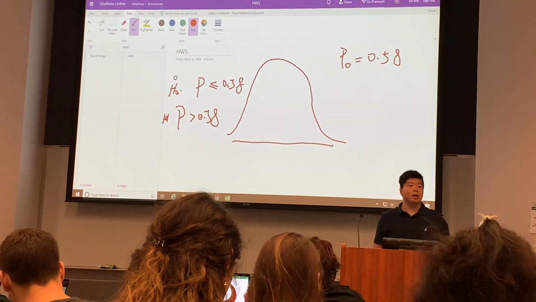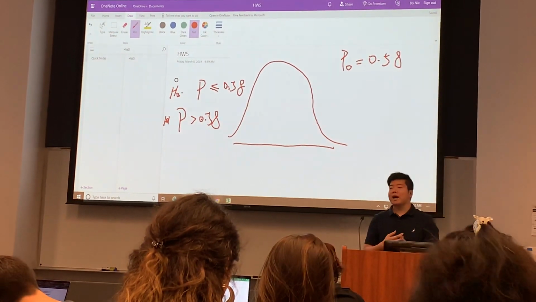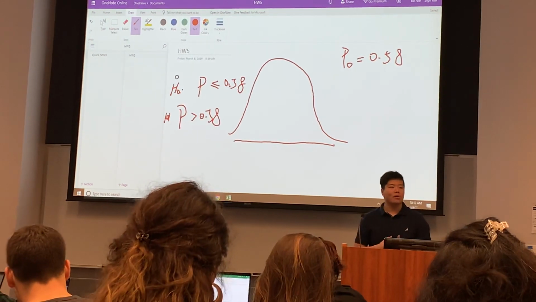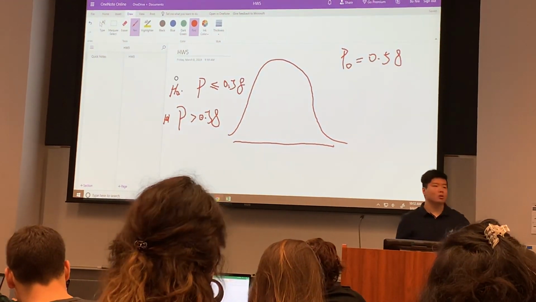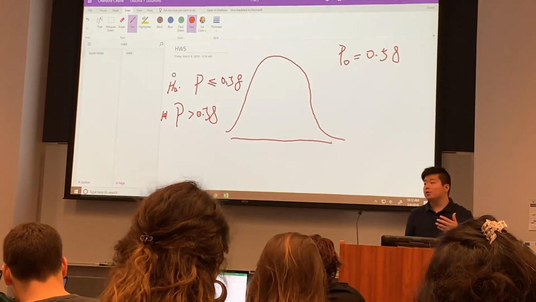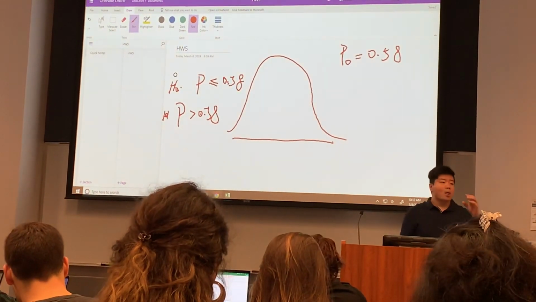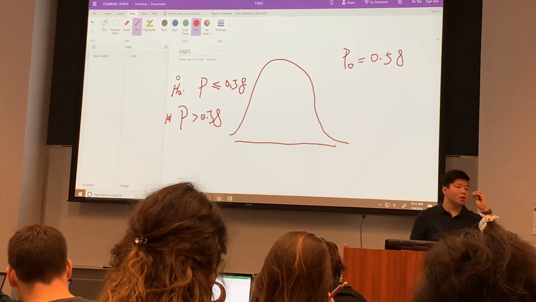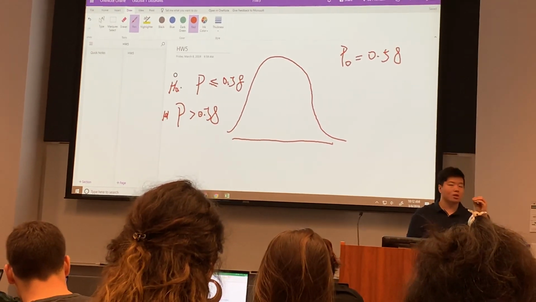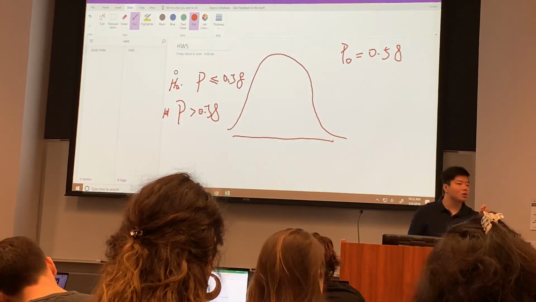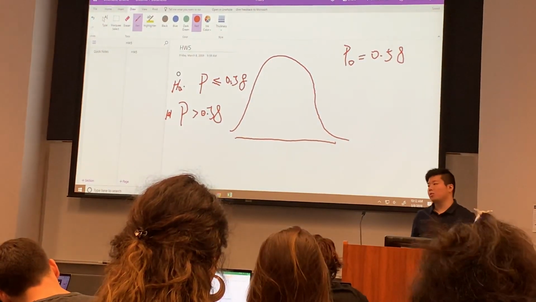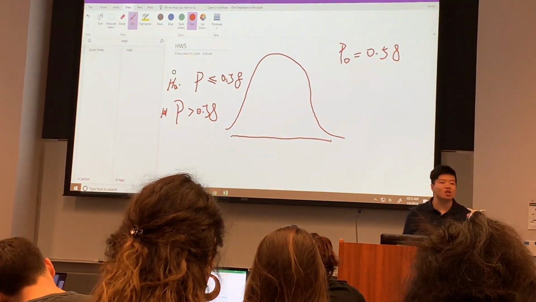Some students this week asked me, hey, how can I create my graph? How can I tell if this is an upper tail, lower tail, or two-tail test? And here is the tip: the direction of your tested tail is always in your HA. Only focus on HA.